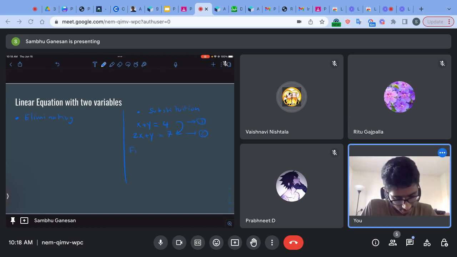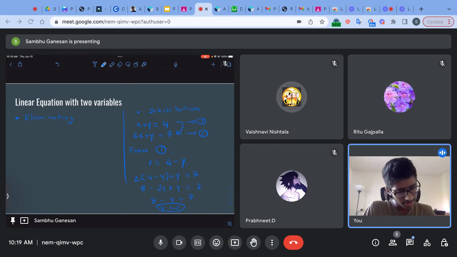From 1, you get x equals 4 minus y, because you're subtracting y on both sides. Then plug this value of x into equation 2 to get 2 times (4 minus y) plus y equals 7. This is simple algebra: 8 minus 2y plus y equals 7, or 8 minus y equals 7, so y equals 1.